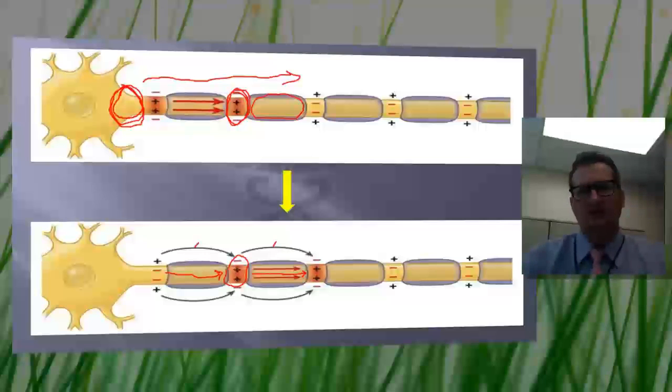Along the way, there's transformer stations, and their purpose is to magnify or boost the voltage up to where it needs to be, so that the power is not lost during the transportation process. And this is precisely what the gap junctions do. They boost or reestablish the voltage so that the electrical impulse can continue down the axon.